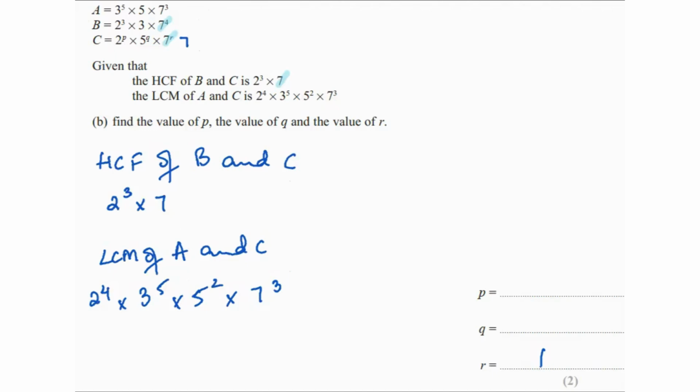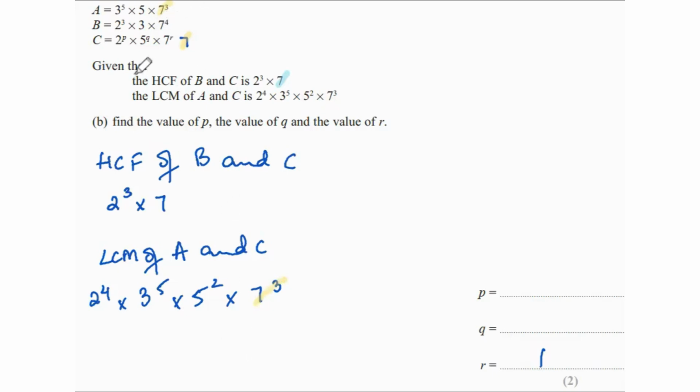Now if we compare the 7s, we have 7 to the power of 3 over here, and we have 7 over here. Obviously 7 to the power of 3 has a bigger power, so we took 7 cubed.